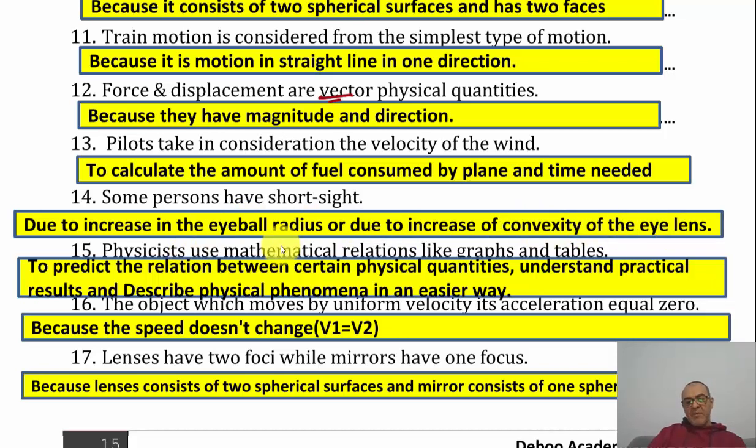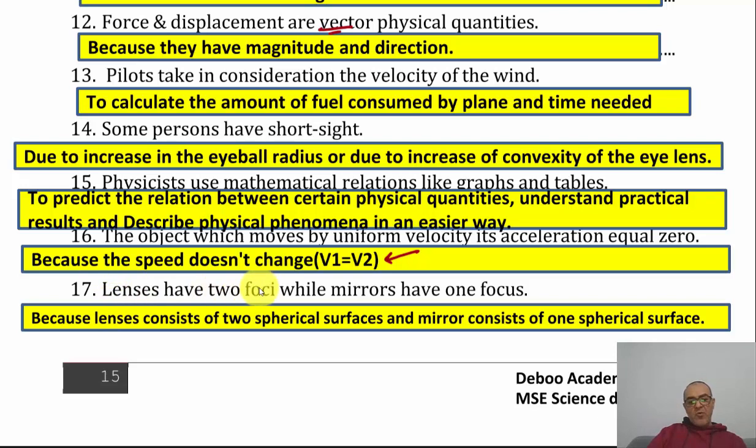Physicists use mathematical relations like graphs and tables to predict the relation between certain physical quantities, understand practical results, and describe physical phenomena in an easier way. For an object which moves with uniform velocity, we said the speed doesn't change.